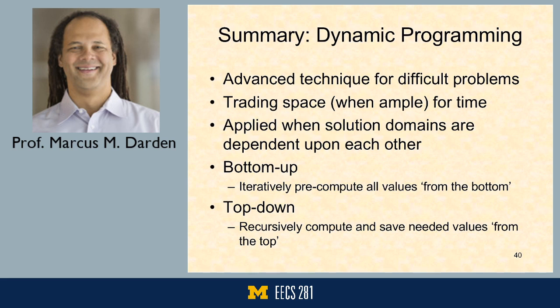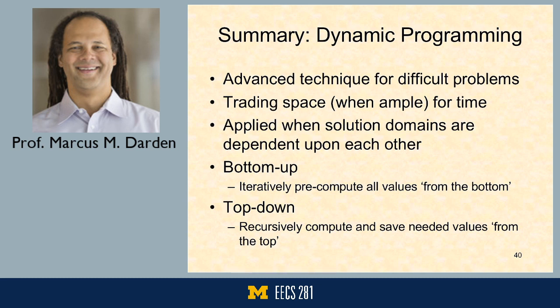My summary of DP, it ends up being this advanced technique for difficult problems. We trade space for time, and it only works when I've got these subproblems that are overlapping. So they can't be independent subproblems. The independent subproblem in a binary search, for instance.